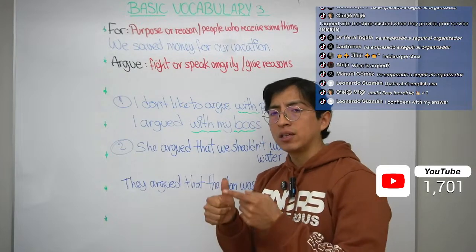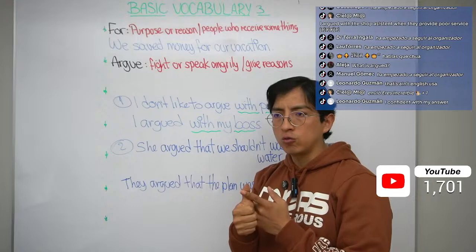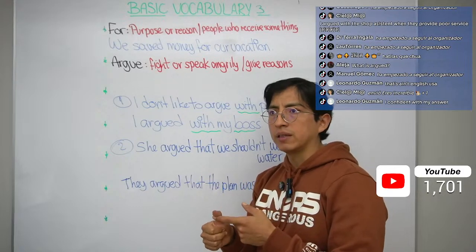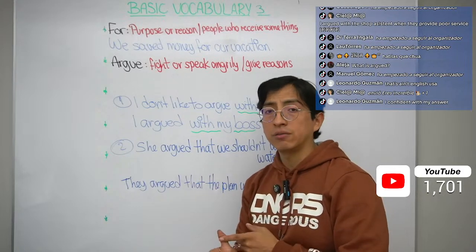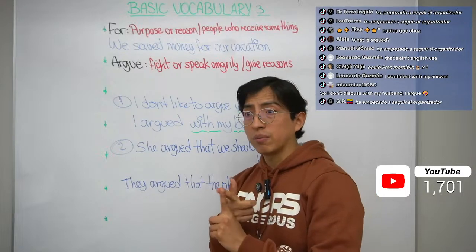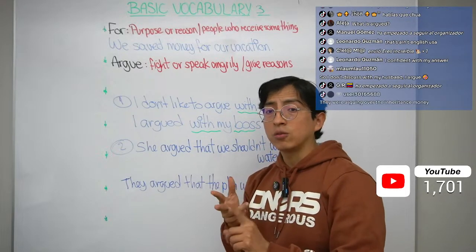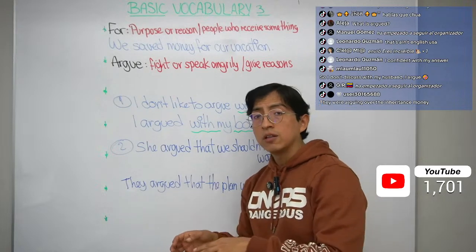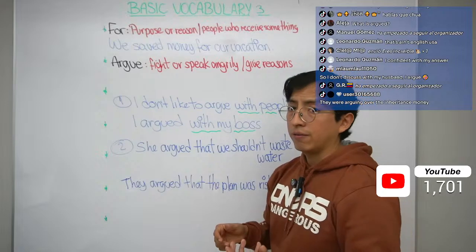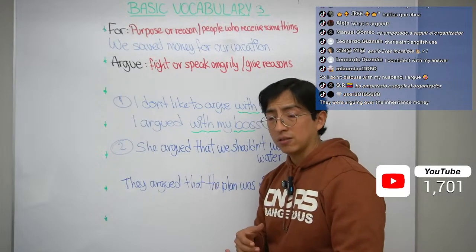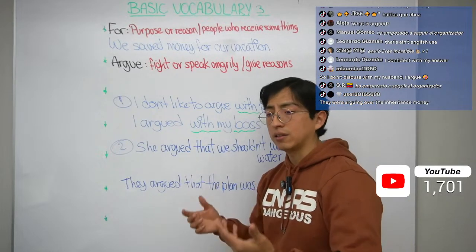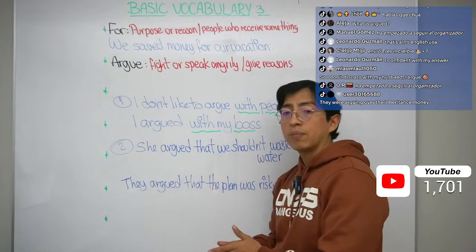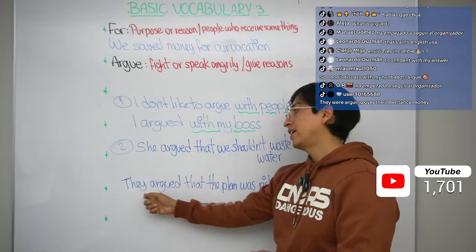Maybe they didn't analyze the market enough, or maybe the product isn't very good, or they need to improve something in the manufacturing process. So they are giving reasons. They are telling them, hey, the plan is risky. So they argued.